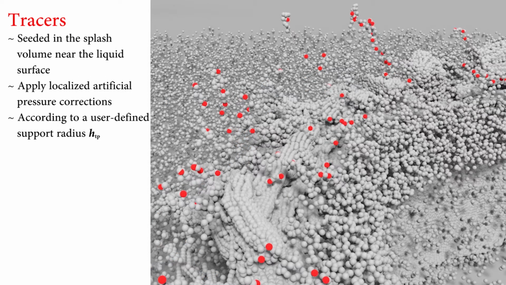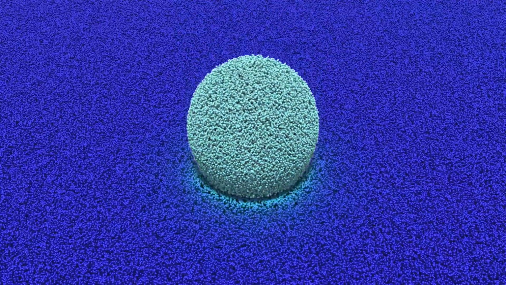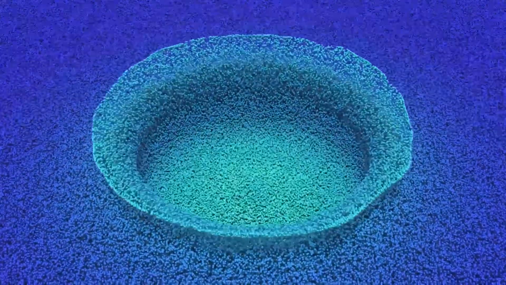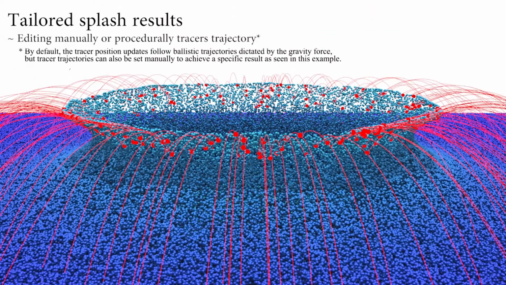A fourth type of particle is introduced to apply artificial forces according to another user-defined parameter. These so-called tracers are seated among ballistic particles to control surface tension within the generated splashes. Since these tracers are basically ballistics, their trajectories can be easily edited manually or procedurally.